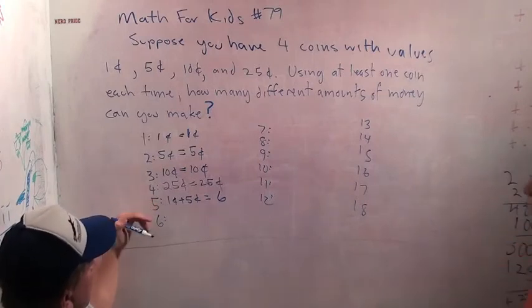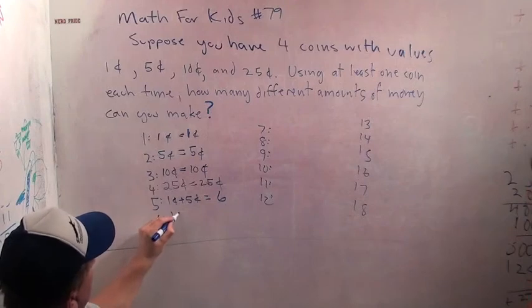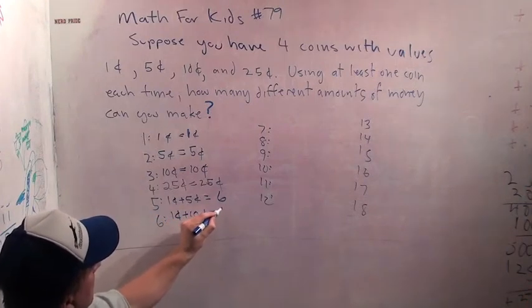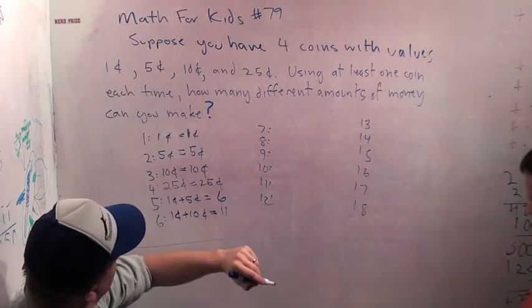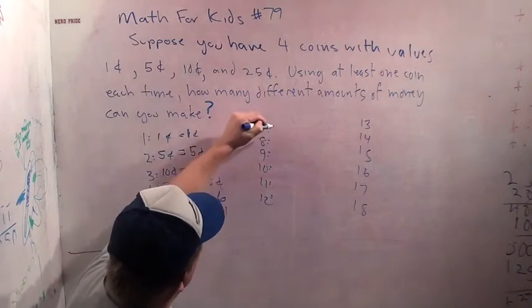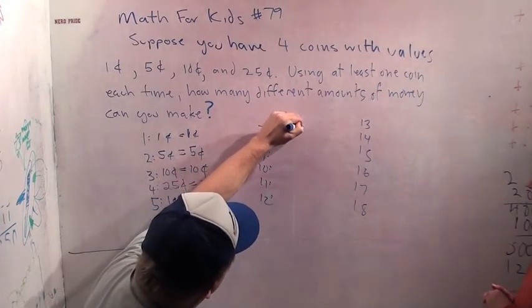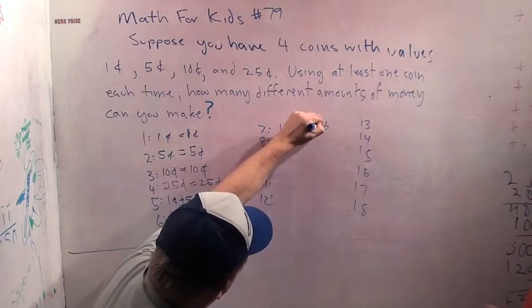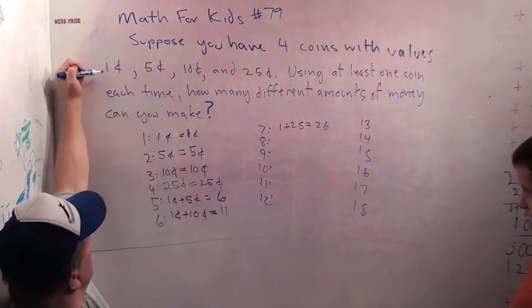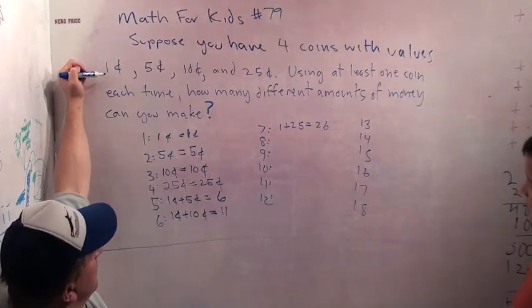So 1 cent plus 10 cents is 11. Then 1 cent plus 25 cents, which is 26. Is that all the ones with 1 cent? Yep. Now what do you want to do next?